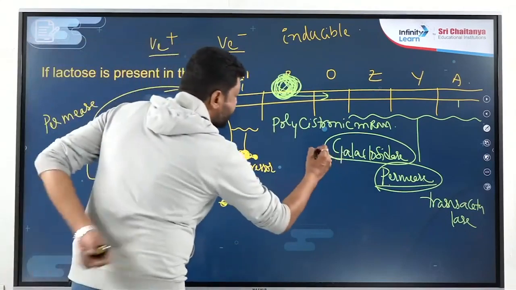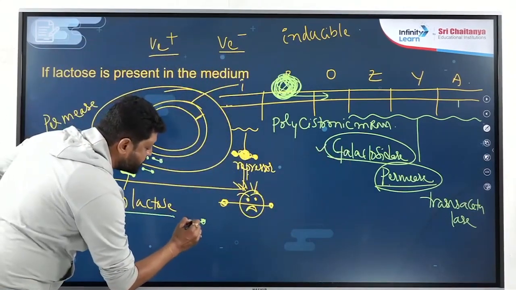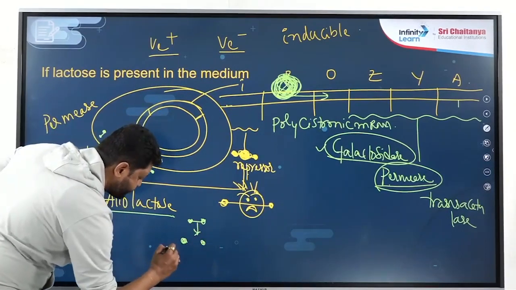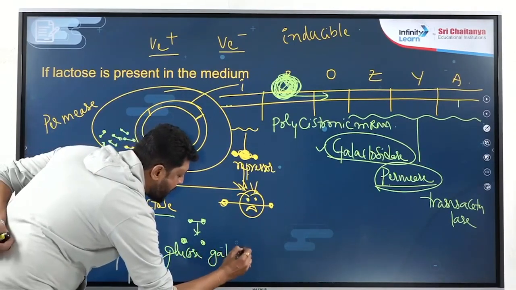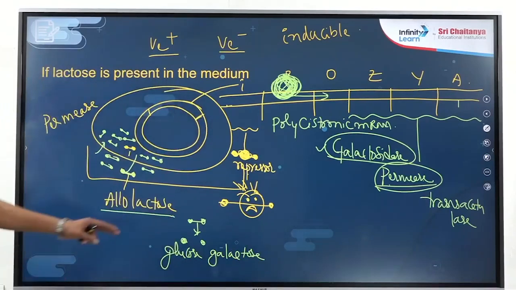Next, the galactosidase will break the lactose into glucose and galactose. Galactose is later converted into glucose.